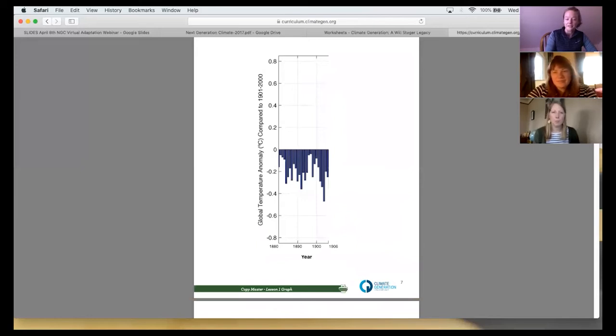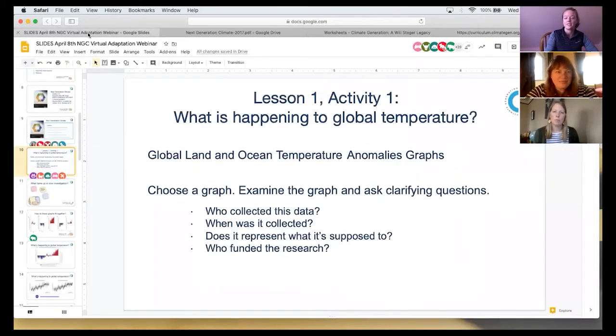So ask some clarifying questions. We want you to try to figure out who collected the data, what are the x-axes, when was the data collected, and what does this data represent? We want you to reflect on these for about 3 minutes, and we're going to come together as a group to share our ideas. Sarah has posted those questions for us into the chat box.